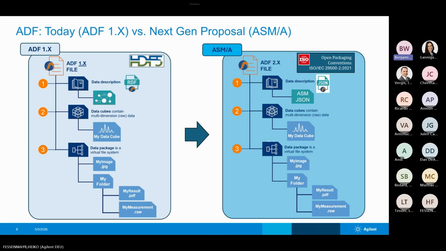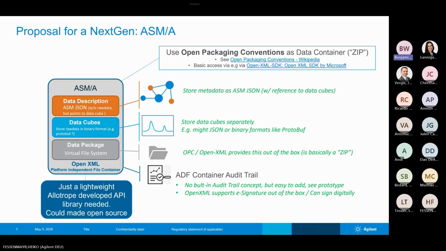And so the idea was, why can't we merge these two concepts? So having a container which still keeps the concept of data description, data cubes, and data package. But for data description, why not use just the ASM, since there is the same data available in ASM JSON as there is in the RDF tree.